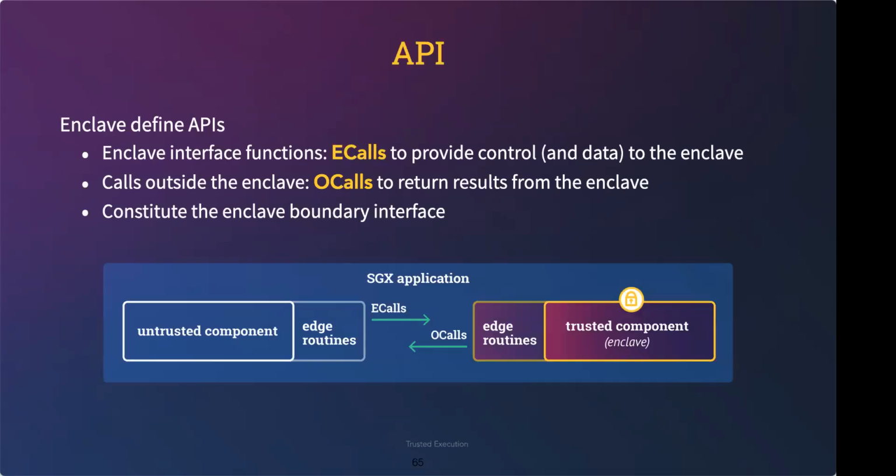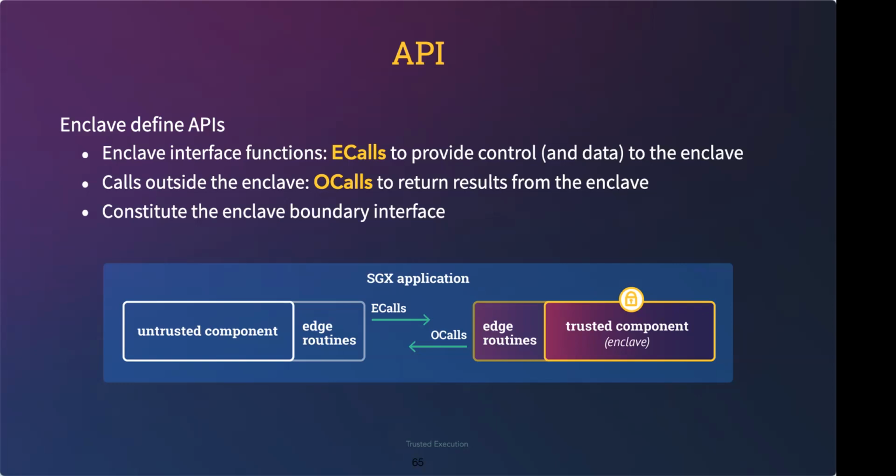Something that is done in SGX is that we have to make sure that when we enter an enclave, we only enter at certain entry points. Because if you could just jump into an enclave at an arbitrary point, I, as an adversary, could check which sequence of code I can use to exploit some secrets.